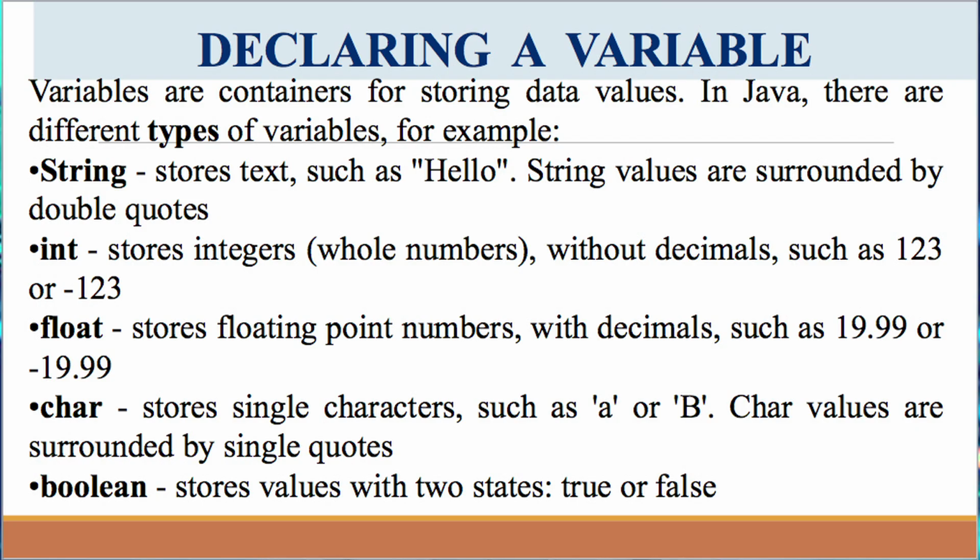And float is a floating point number with decimals. In case of a floating point number, we can use a decimal point, like this example you can see here, 19.99 or minus 19.99. So this is float. A float has a certain range, but we can use a decimal point.